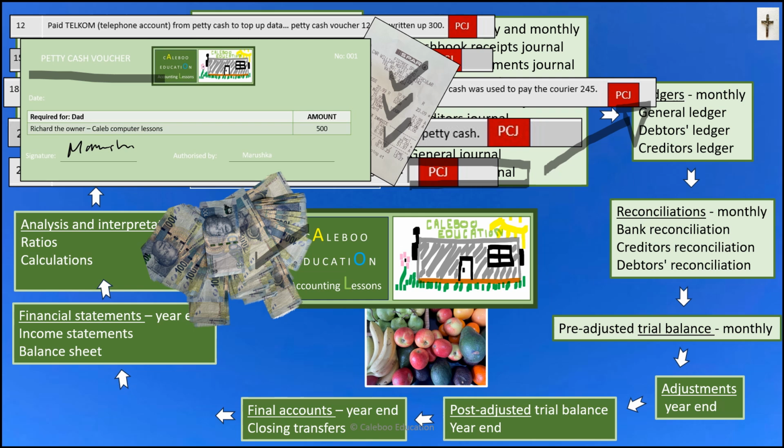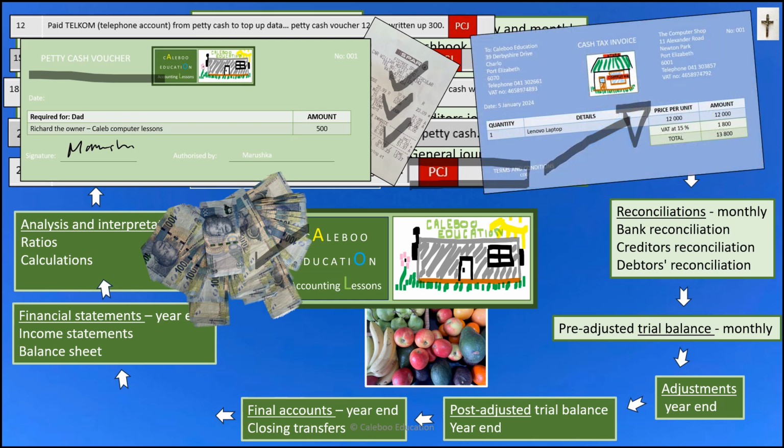I'll go through these documents again as I normally do. Here's an invoice. So if I went and purchased an item, I'd be given an invoice or a slip, and those documents are given to the petty cashier who draws up this petty cash voucher.